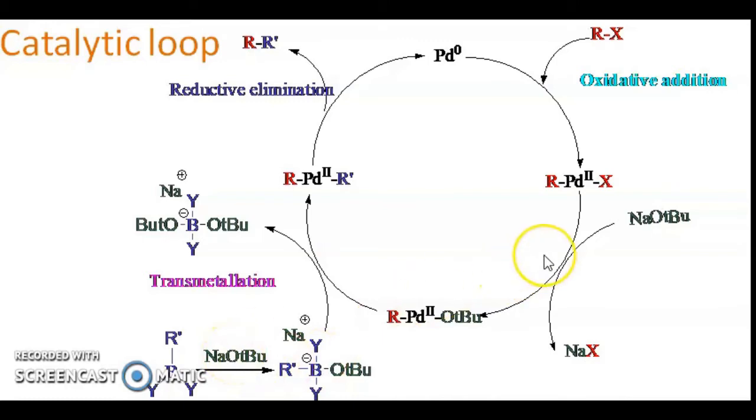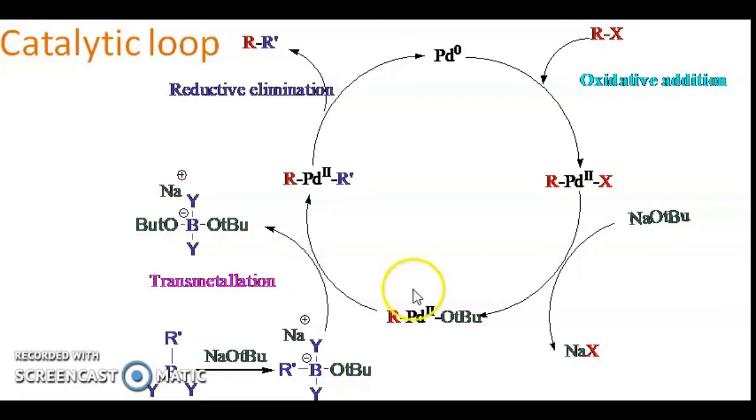Alright, so Suzuki coupling will happen only in the presence of a base, and the role of the base is to activate the boronic acid. The activation of the boron atom enhances the polarization of the organic ligand and facilitates transmetallation.